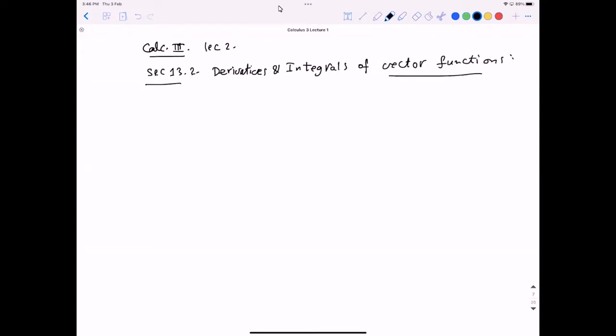A vector function is usually written this way, r of t, which is scalar function x of t, scalar function y of t, scalar function z of t. So we have three functions of the same parameter t.